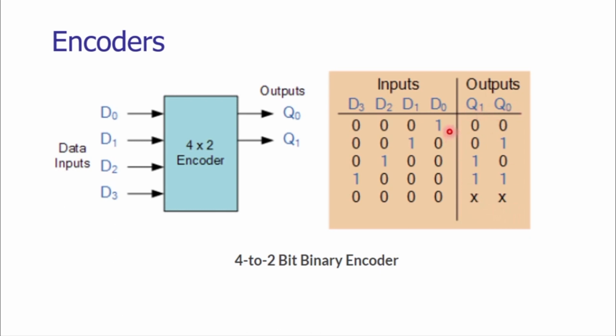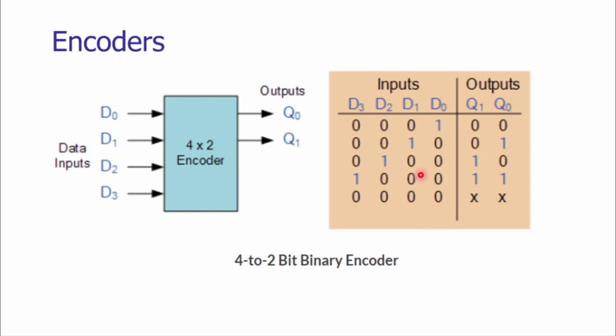If we say that the comparator output or the data input line D0 is positive, is 1, then the output at both the data lines would be 0, 0. If the data input line D1 is 1, it's positive voltage, then the output line is 1 at Q0 and the output line would be 0 at Q1.